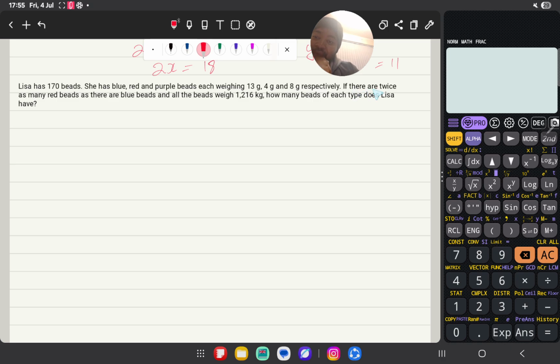Well, now we are talking numbers. If there are twice as many red beads as there are blue beads, and all beads weigh that much, how many beads of each type does Lisa have?